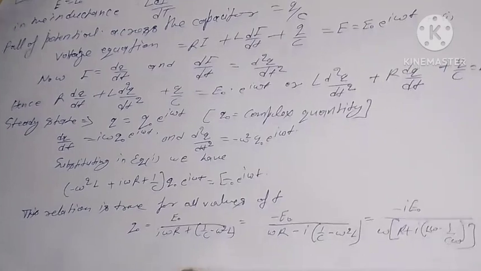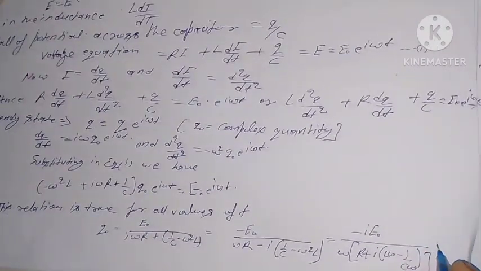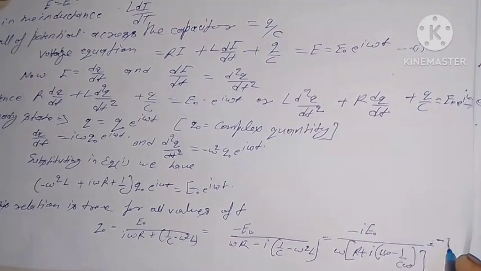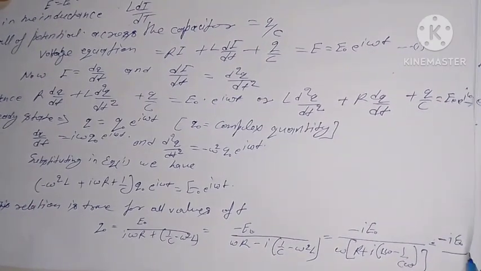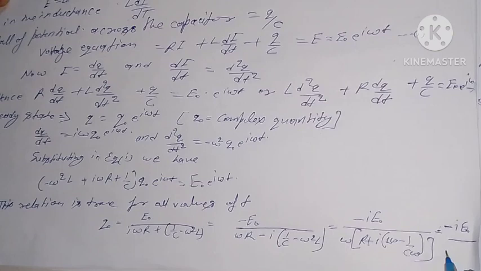This is converted to q naught equal to minus i E naught upon omega Z E. This is the equation number second.